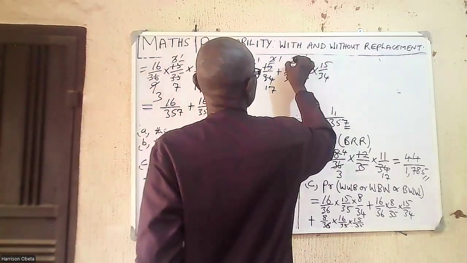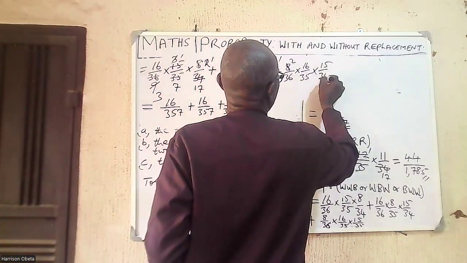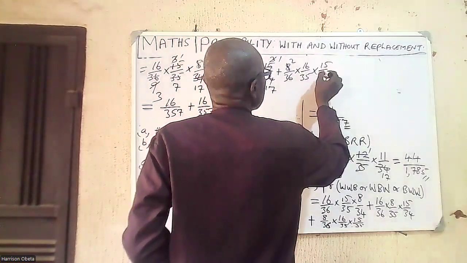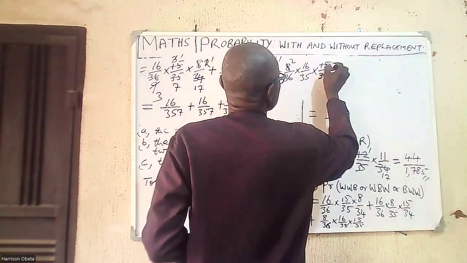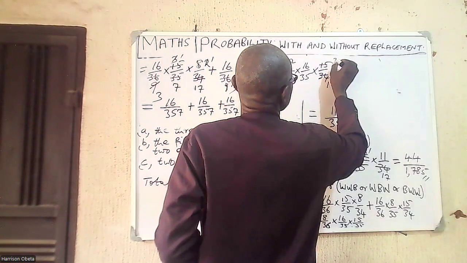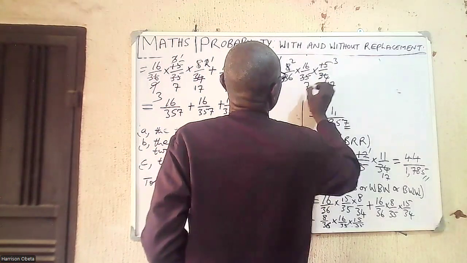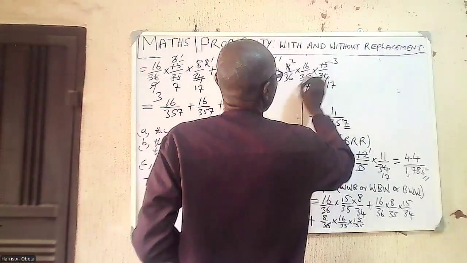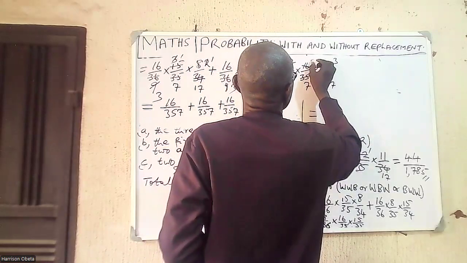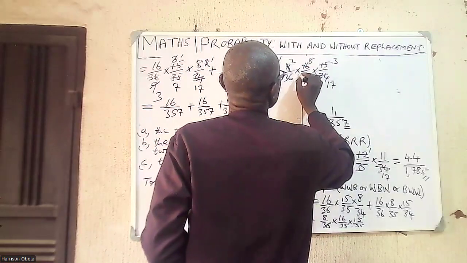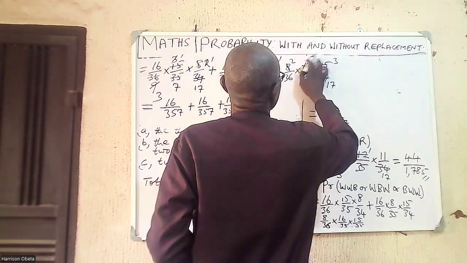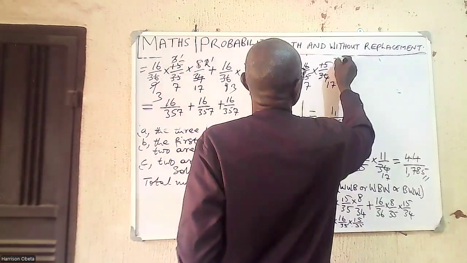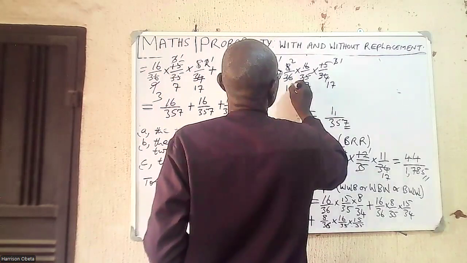To get the same thing, this is also 2, this is 17.